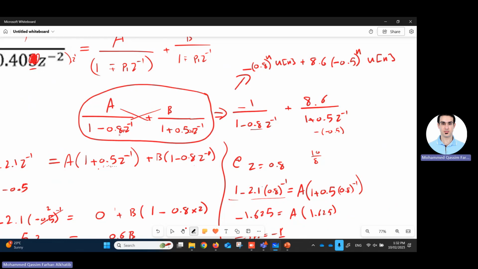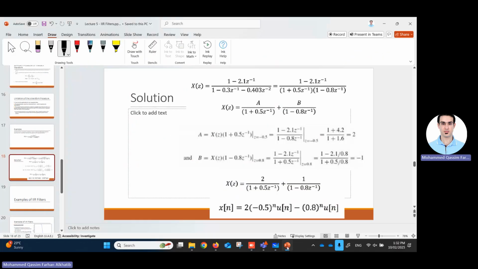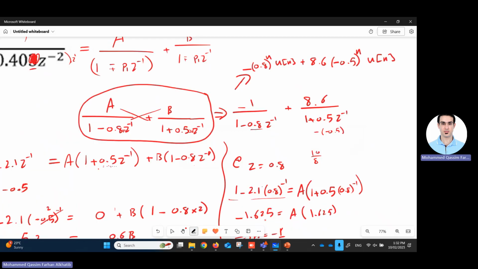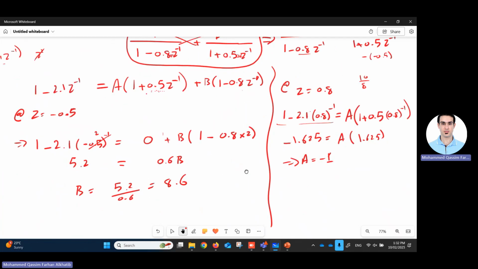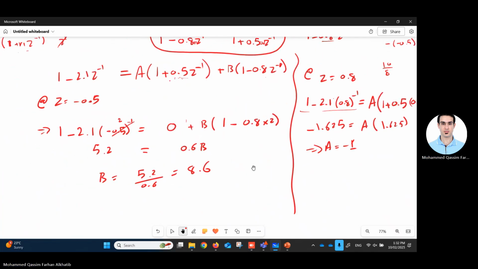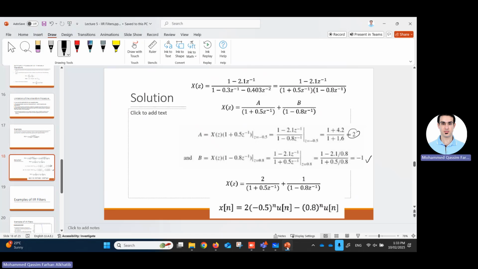A (1 minus 0.8 z negative 1) plus B (1 plus 0.5 z negative 1). And here we also have negative 1, correct. Let's see here. Is it 1 plus or 1 minus? 1 minus.